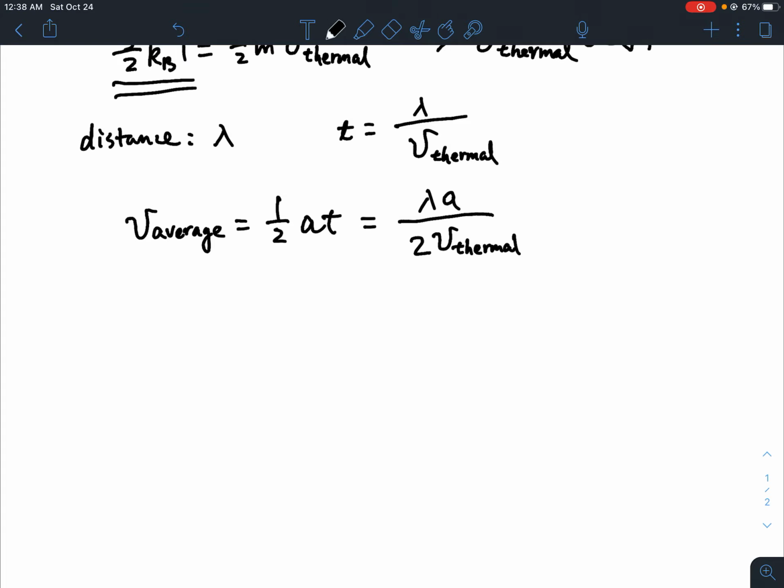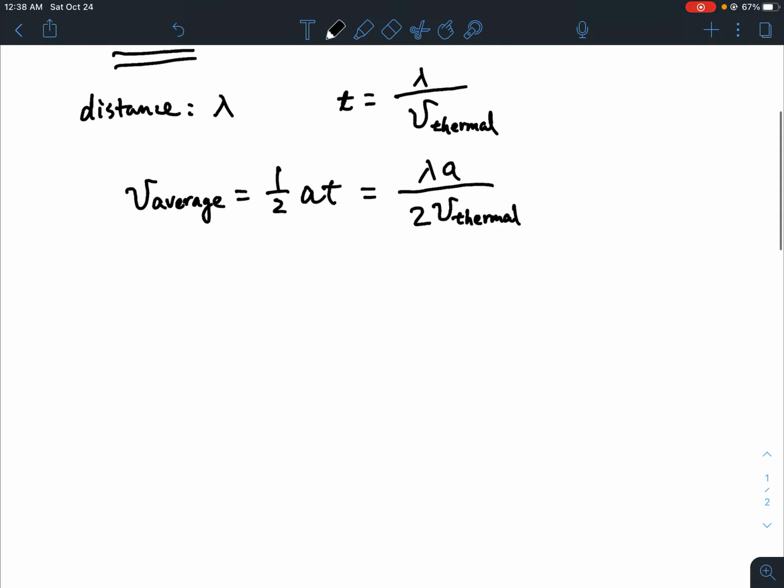Now let us consider the current density. Let us assume this material has N molecules per unit volume, and each molecule has F free electrons.